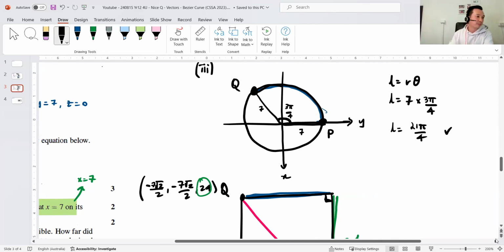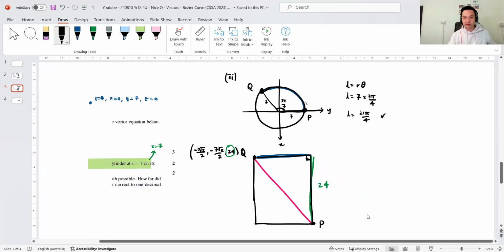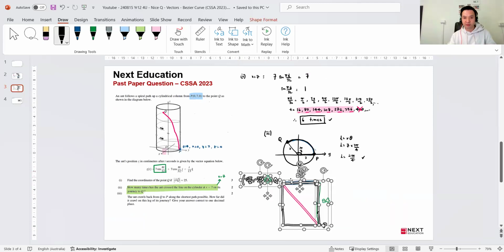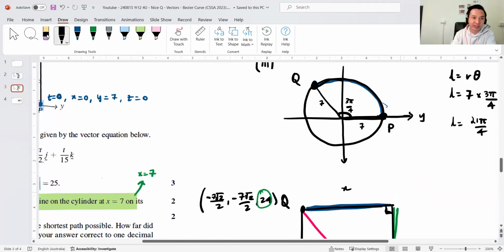So this blue distance is equal to, let me move that slightly lower, I dragged the X down by accident. So I can say this is 21 pi on 4.